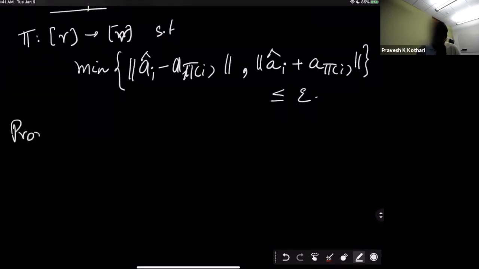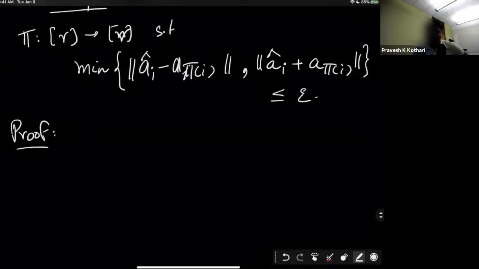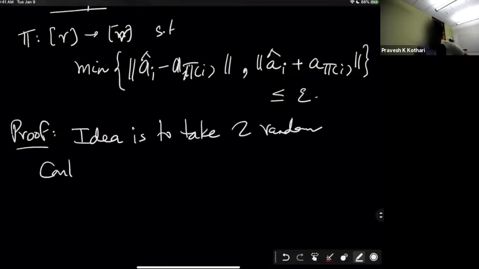So I actually described a version of this algorithm when a_i is orthonormal, but I want to observe that in fact I can go beyond that. So what's the idea? The idea is to take two random contractions. This is a little bit reminiscent of power of two choices, but not exactly.